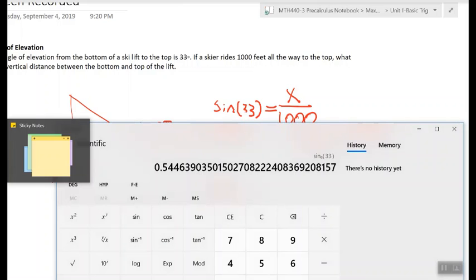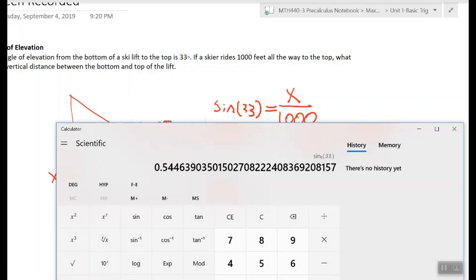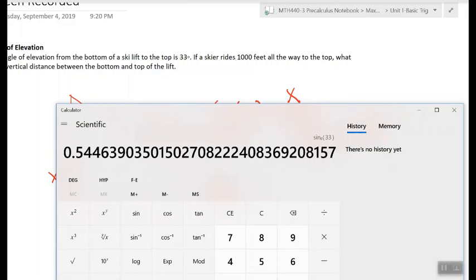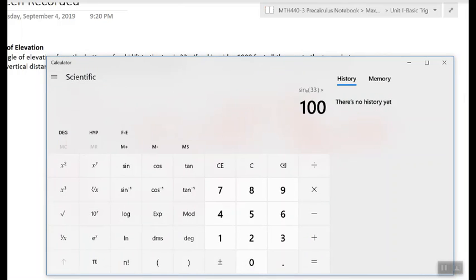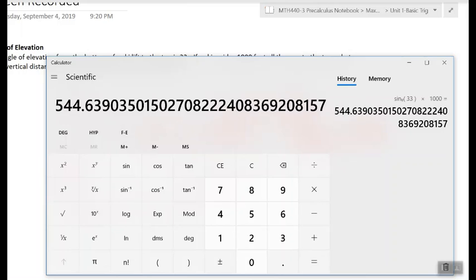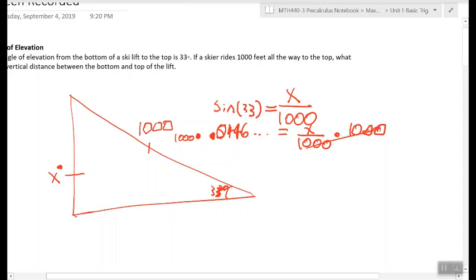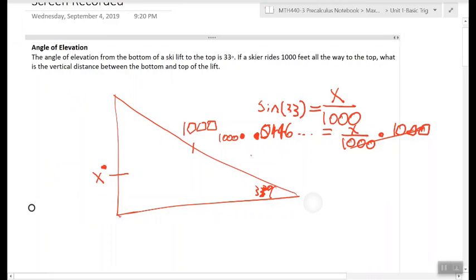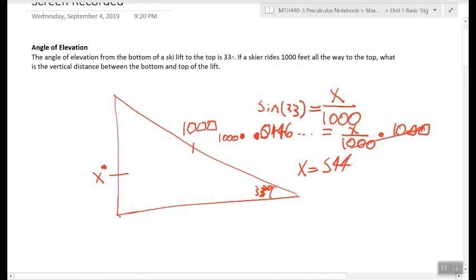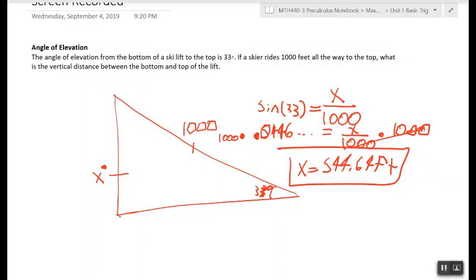Times 1,000 equals 544.64 feet. And that is the answer.